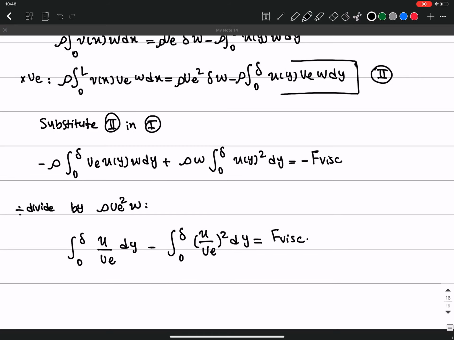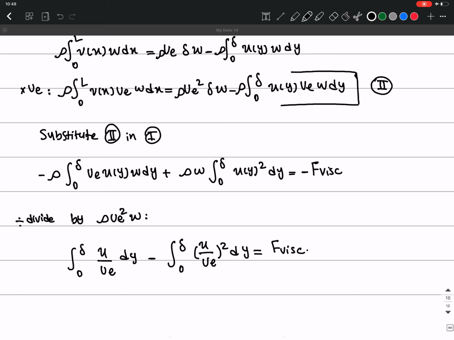F viscosity is what I want to find over, sorry, we also have something here because we need to divide this, F viscosity over rho UE square W.